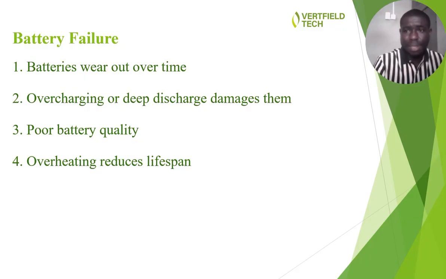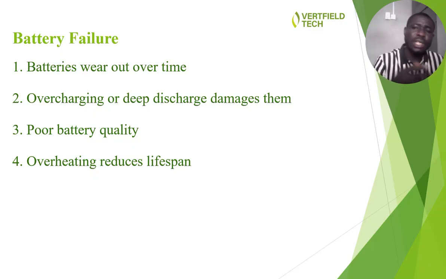Now, let's take them one at a time. The battery failure could be caused by wear and tear of your batteries over time. When your batteries are old, when your batteries are aged, they will tend to fail.